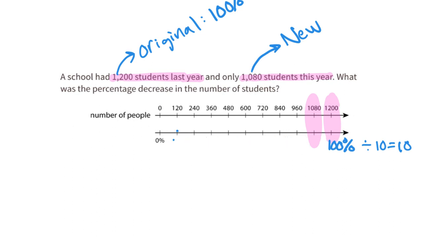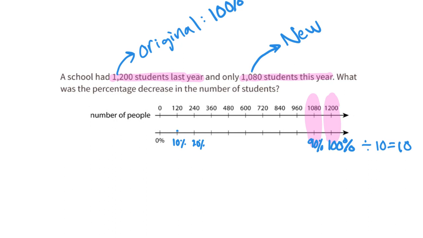So we've got 10%, 20%, 30, 40, 50, 60, 70, 80, 90%, 100%. I just didn't write all my percents in because it was going to be way too small.